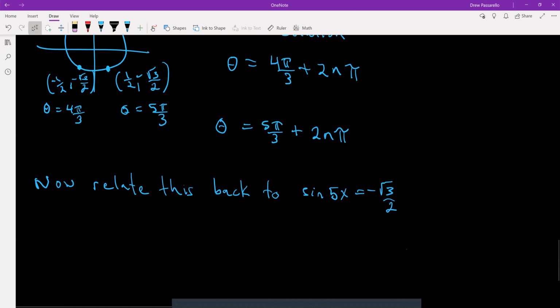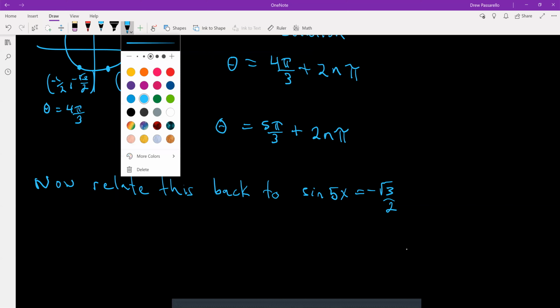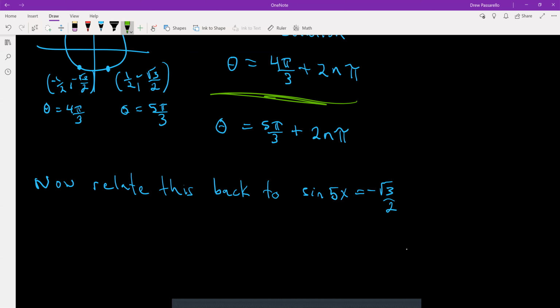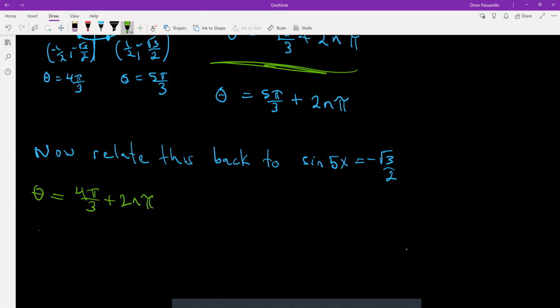All right, I'll use a different color. Let's say I went with this one first. So for theta equal to 4 pi over 3 plus 2n pi, that happens when sine of theta is negative square root of 3 over 2.